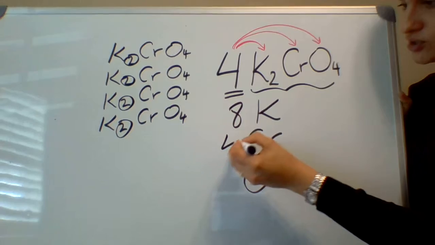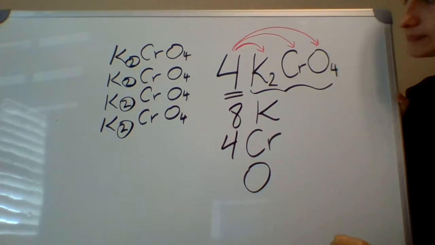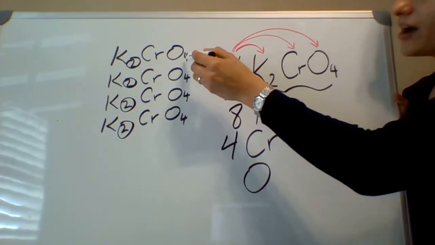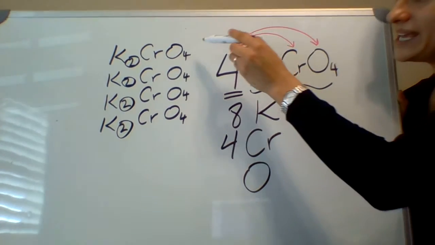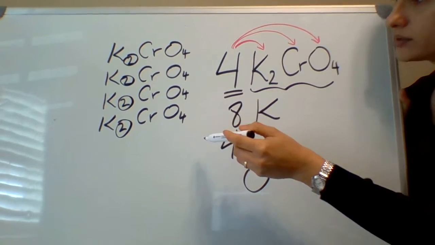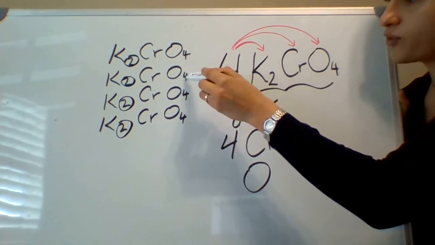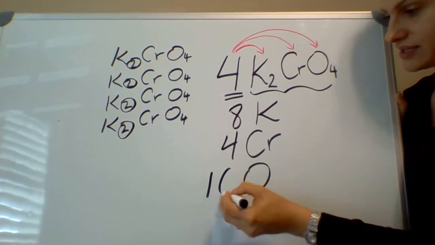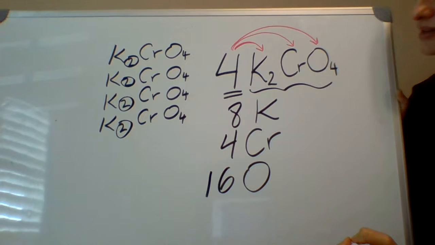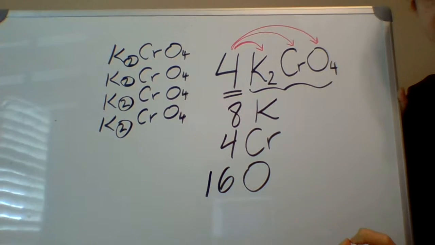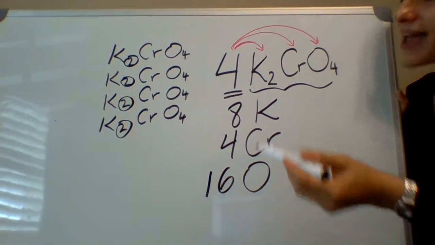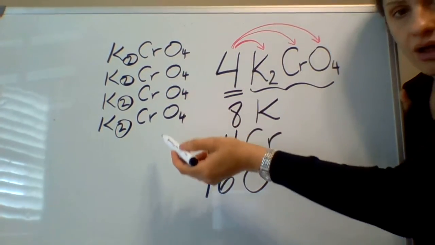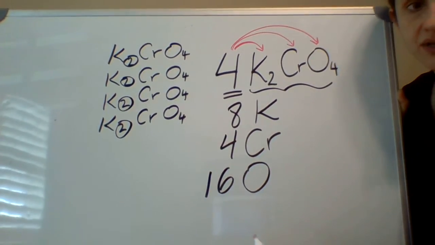So we have 4 chromium. How many oxygen do we have? Well, each compound has 4. So it's 4 plus 4 plus 4 plus 4. We have 16 oxygen atoms.